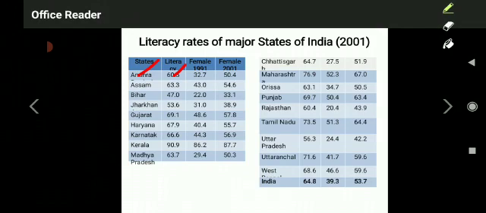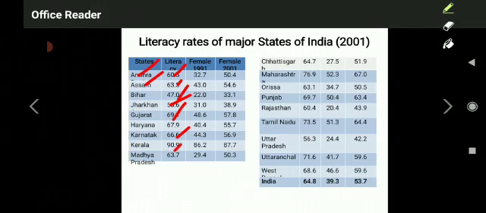In the state of Assam, the literacy rate in 2001 was 63.3%, in Bihar 47%, in Jharkhand 53%, in Gujarat 69.1%, Haryana 67.9%, Karnataka 66.6%, and Kerala 90.9%.